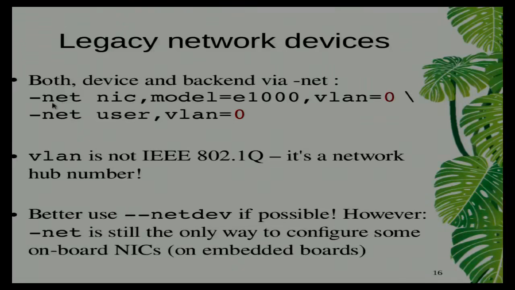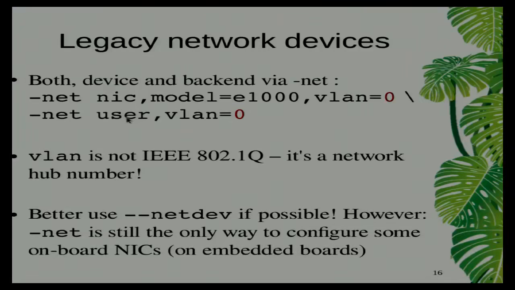So with -net nic, for network interface card, model= the type, for example here e1000, you configure the guest hardware, and the host backend part looks similar to the -netdev on the previous slide. So -net user configures a user backend for this.